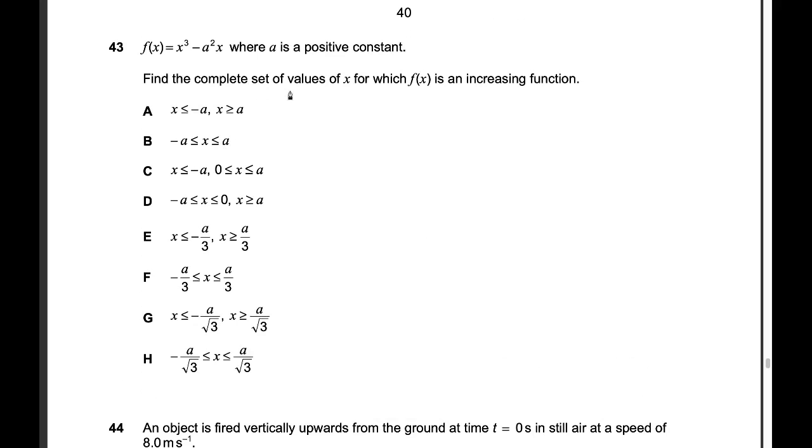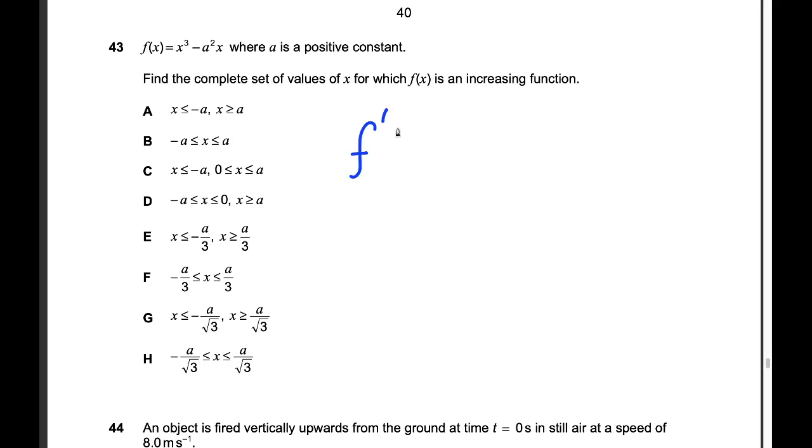Okay, so this is your function. Find a complete set of values for x for which f of x is an increasing function. If we're looking for when it's an increasing function, we're looking for when the gradient is positive. So we need to differentiate and show that it's going to be positive. If it's an increasing function, it's going to be greater than or equal to 0. So let me just differentiate this quickly first.